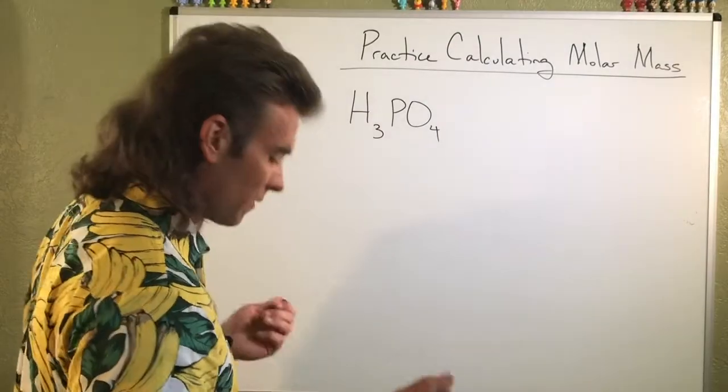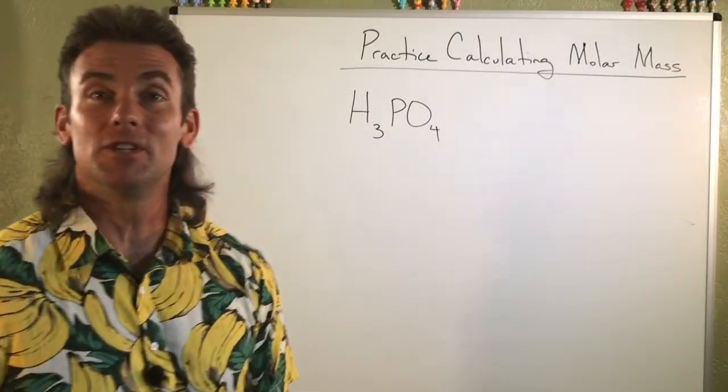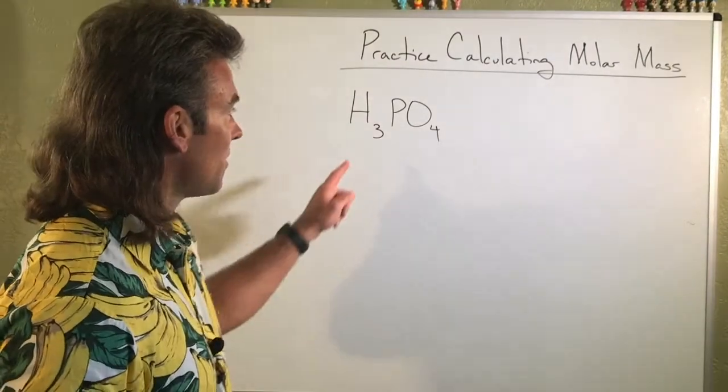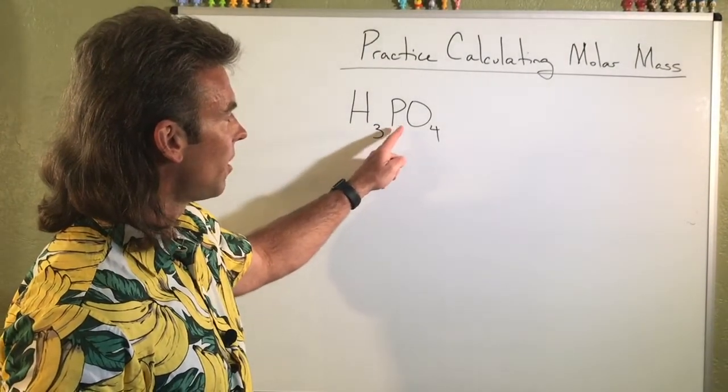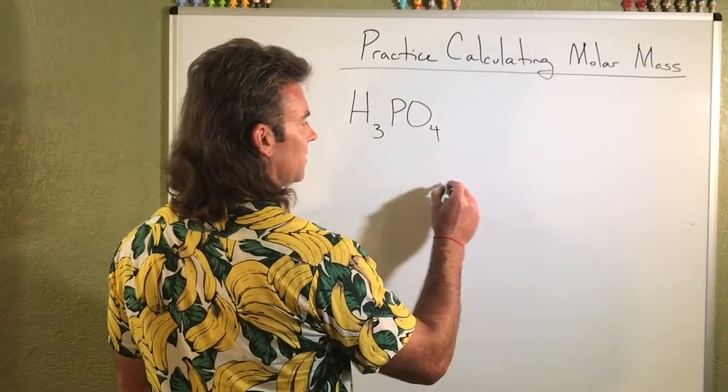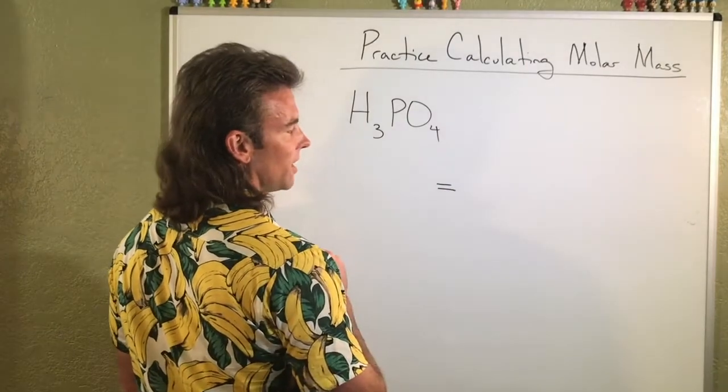So the first thing you're going to do is grab the ultimate cheat sheet in the universe, which we know is the periodic table, and we're going to look up the atomic masses of all of these different elements. And we're going to plug it in to the following calculation.